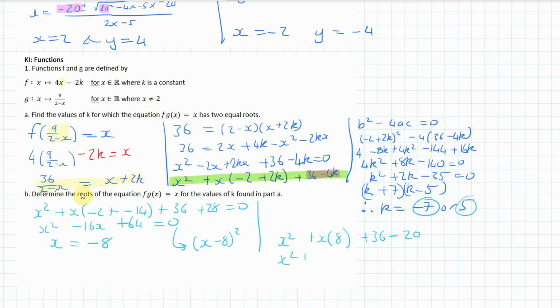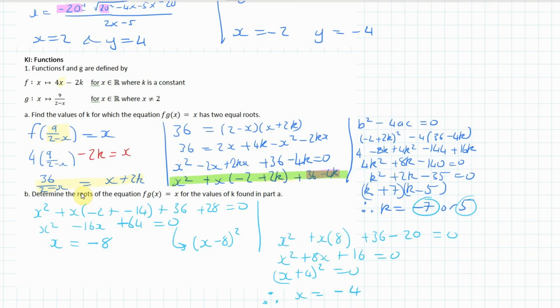So all up we get x squared plus 8x plus 36, take away 20, 16. And so that's x plus 4 all squared equals 0. So these are all equal to 0. Therefore, x equals negative 4. Okay, I think that's okay.